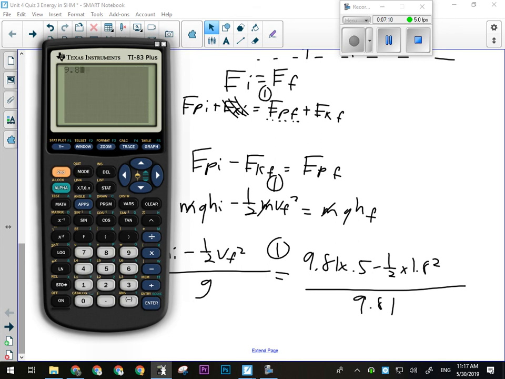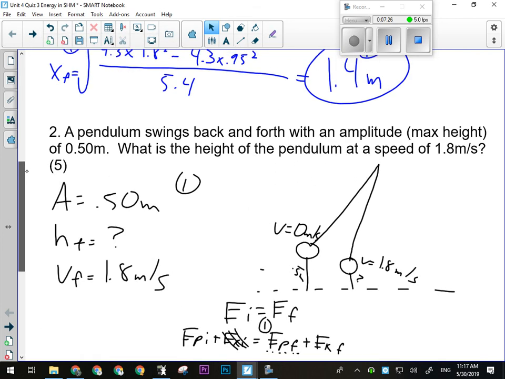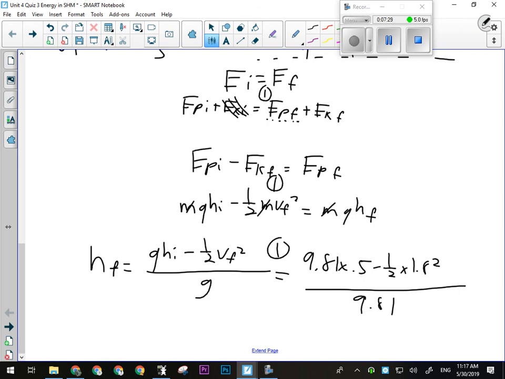So 9.81 times 0.5 minus 0.5 times 1.8 squared divided by 9.81. So we're looking at a height here of 0.33 meters, because I think we only had 2 sig digs there. That's their final mark there.